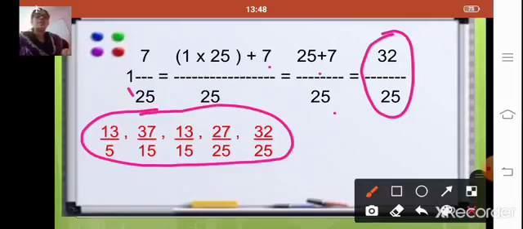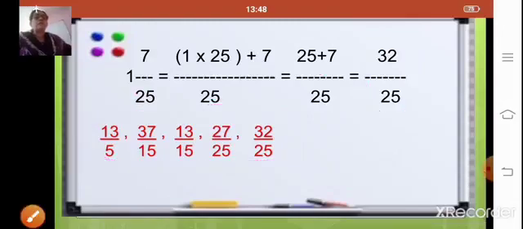So these are the fractions which we now have to make into like fractions. Here the denominators are 5, 15 and 25. In the last class we already learned to make them into like fractions. What we have to do is take the LCM of the denominators to make them into like fractions.